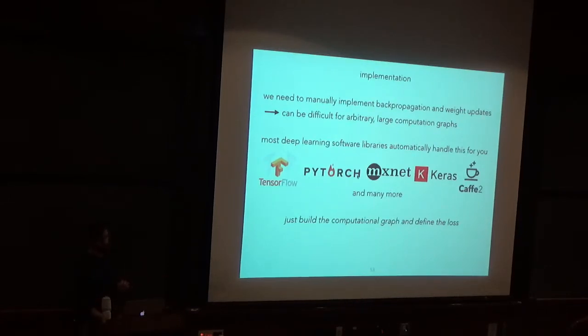But PyTorch and a previous software library called Chainer developed this notion of having a dynamic graph. Instead of building the graph once and then running all of your data through it, in PyTorch and these other dynamic graph libraries, you're building up the graph as you make these computations.